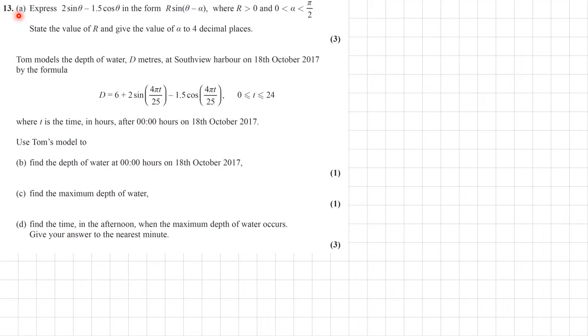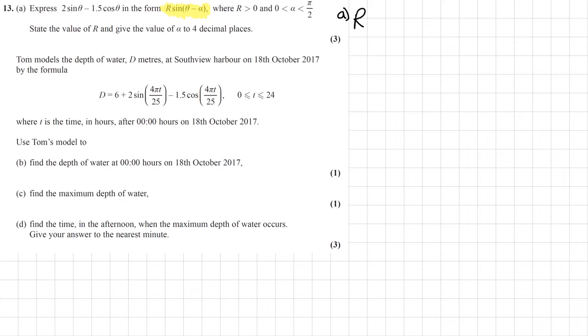Question 13, Part A. Express 2 sine theta minus 1.5 cos theta in the form r sine of theta minus alpha, where r is greater than 0 and alpha is between 0 and pi over 2.